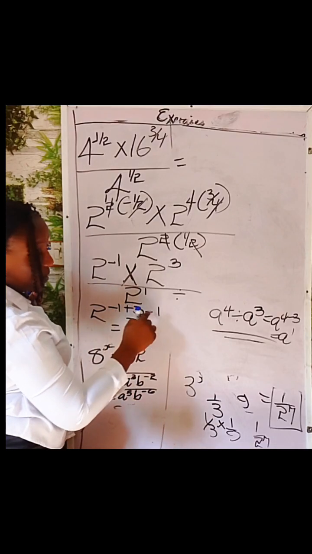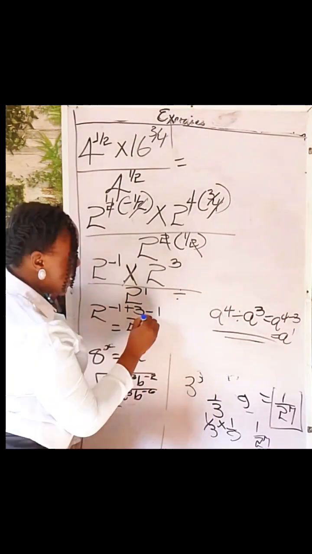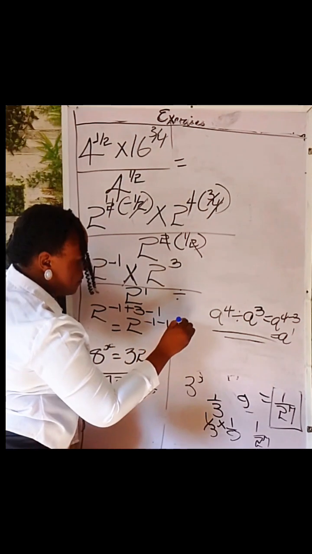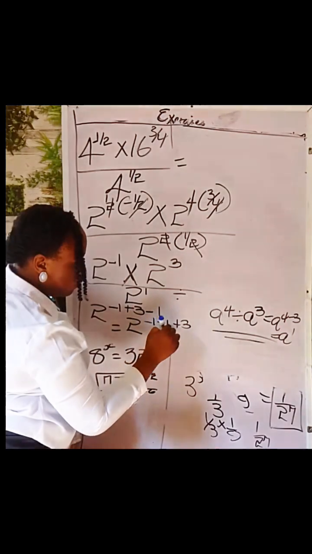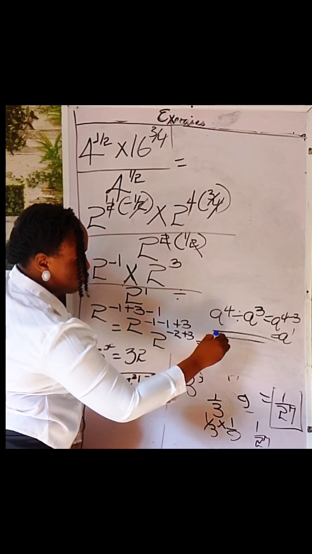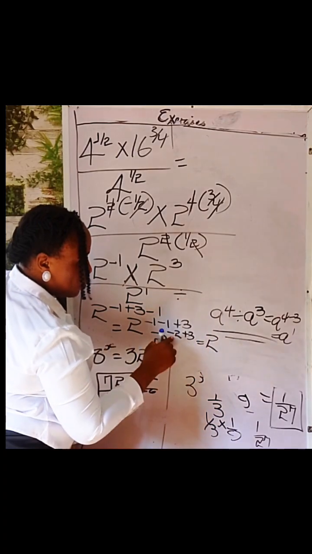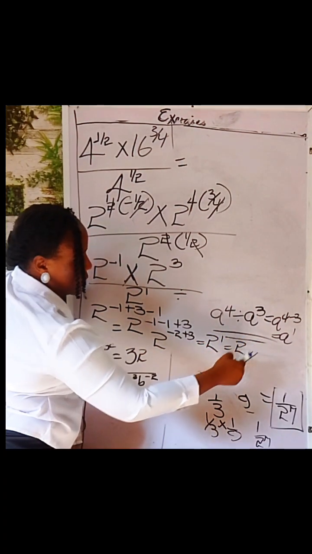Let's collect the like signs. Minus 1, we have plus 3. That is minus 2 plus 3, which equals 1. 3 minus 2 equals 1. So the answer is 2.